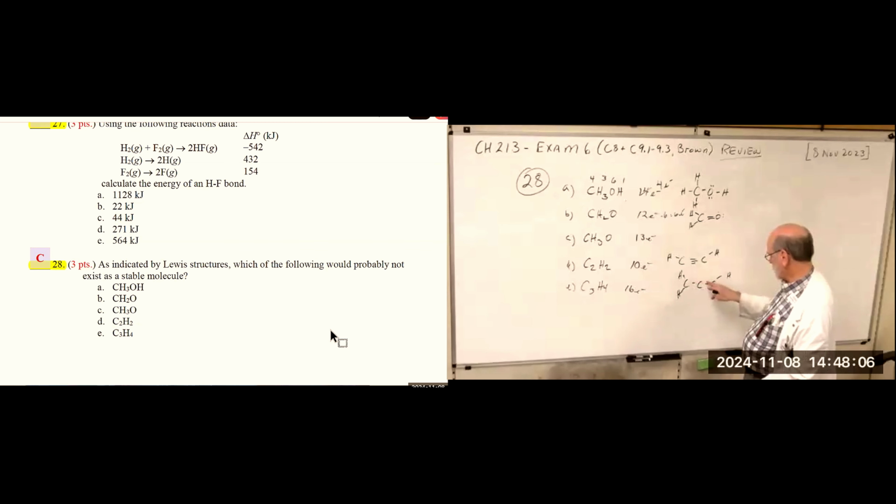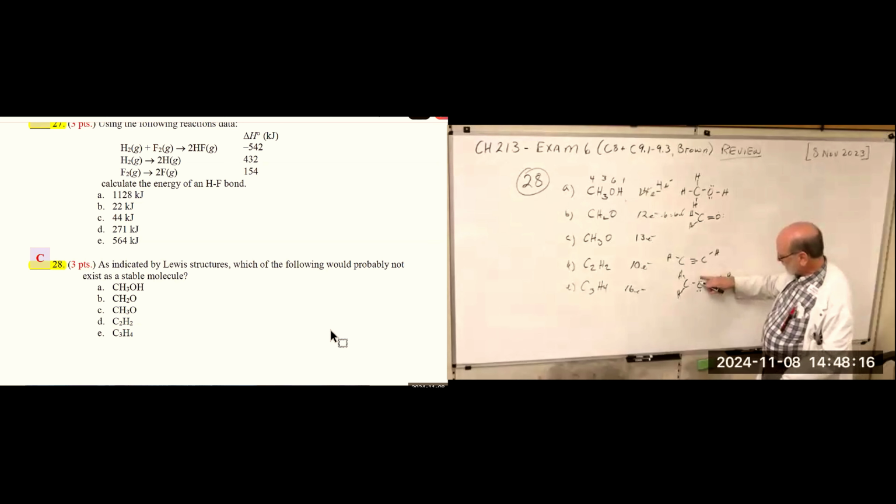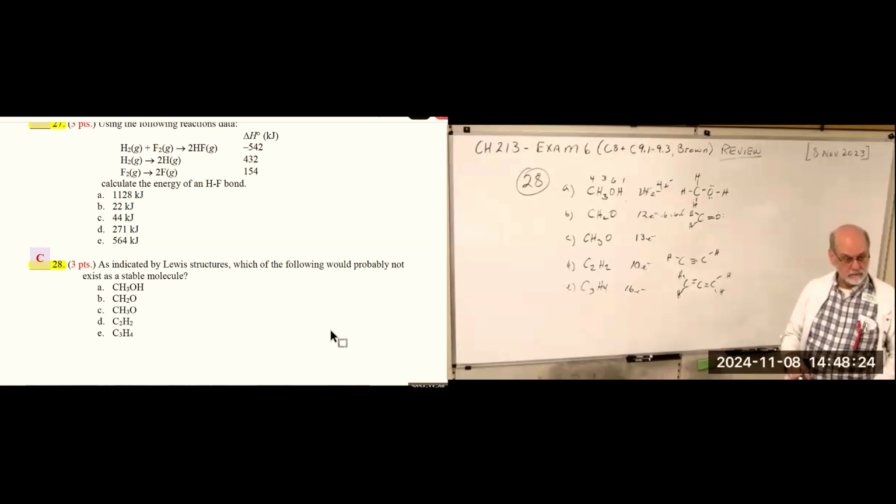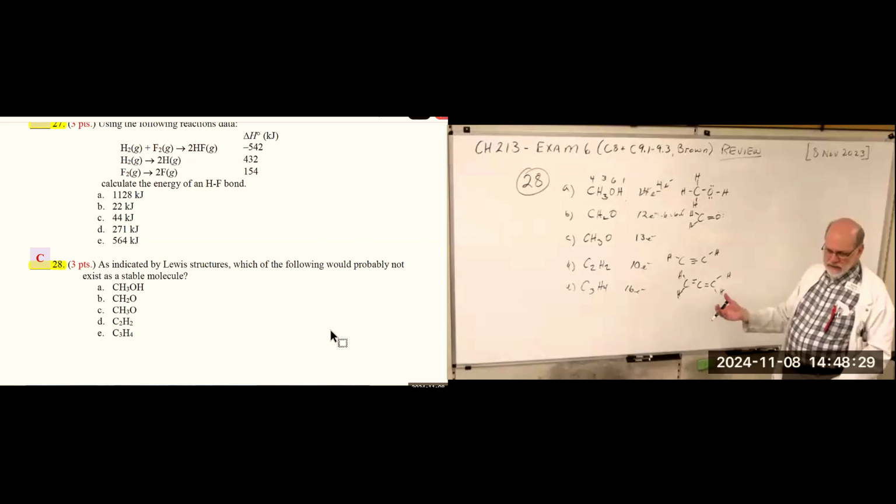So that's 2, 4, 6, 8, 10, 12. We got 4 electrons left. If we put them here and here, then we can form an octet on this side with a double bond and an octet on this side with a double bond. That's a fairly stable molecule. It's symmetrical. Symmetry usually gives you the lowest formal charge.